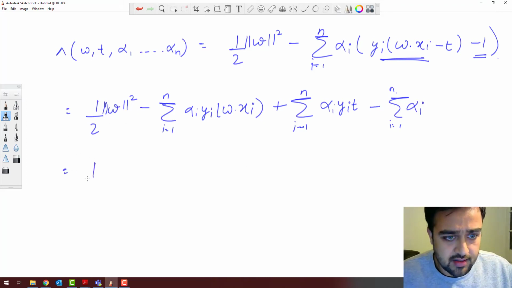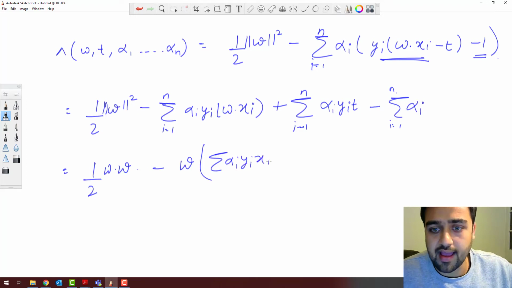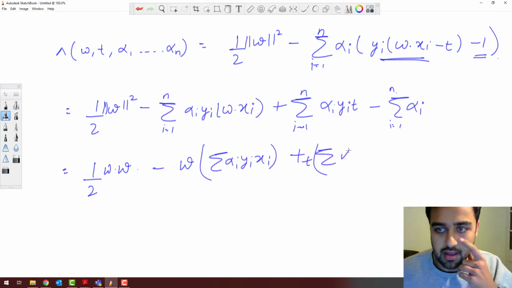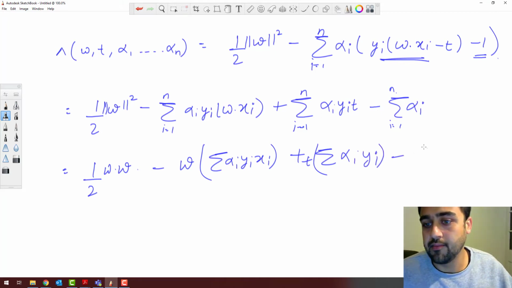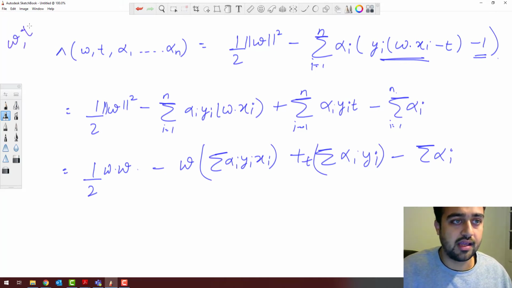Now this is 1 by 2 dot product of w. Taking w out, we get sigma alpha i yi xi plus sigma, taking t out, alpha i yi minus sigma alpha i, right? So as we know, this is a constraint problem, and it depends on w and t.